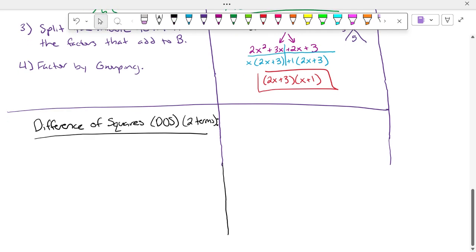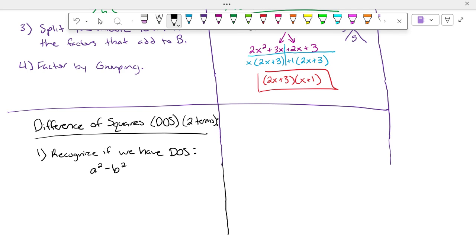Now, these steps are short. So first off, we got to recognize if we have a difference of squares, because it'll be in the form a perfect square minus a perfect square.